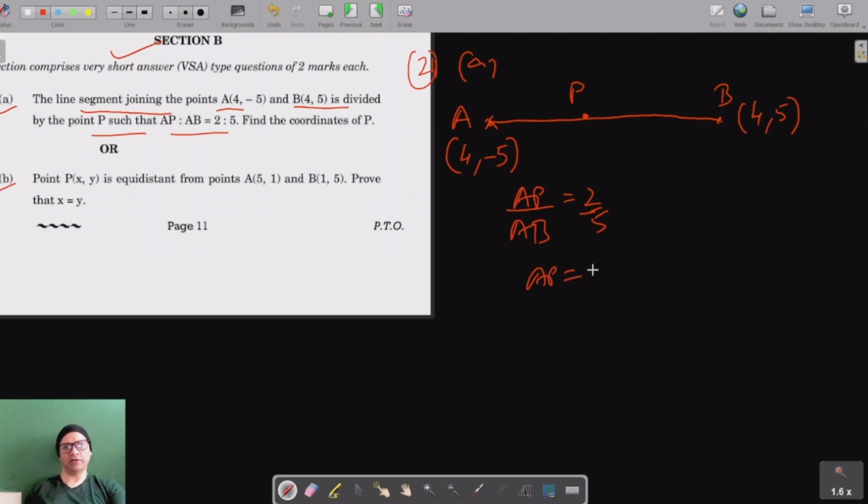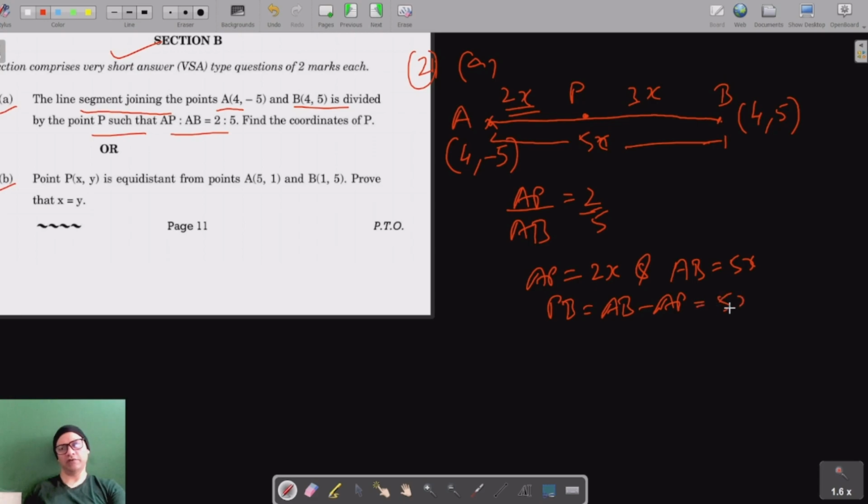That means AP is equal to 2x and AB is equal to 5x. So this is AB, which is 5x, and AP is 2x, which gives us PB as 3x. So PB is equal to AB minus AP, which is 5x minus 2x, which is 3x.